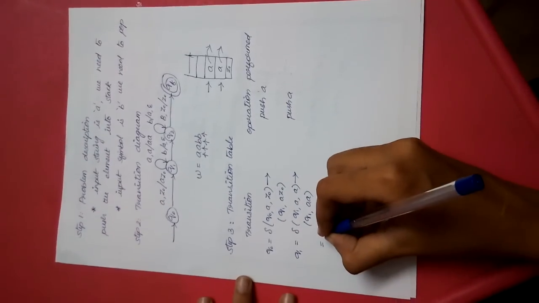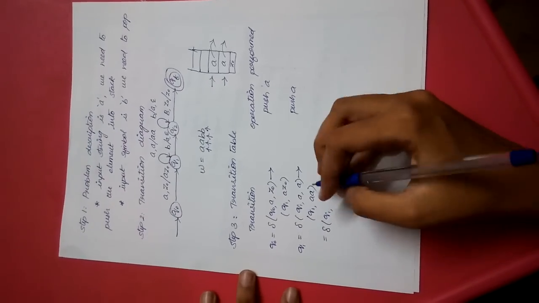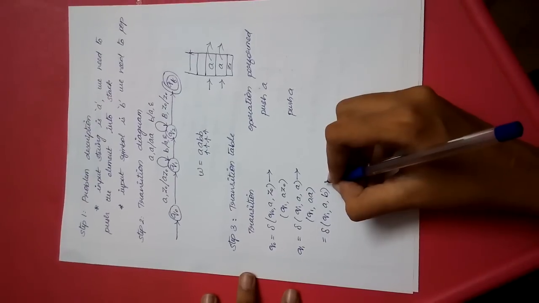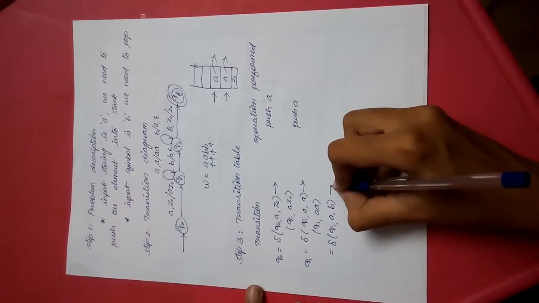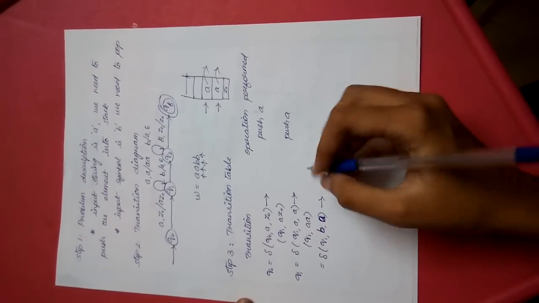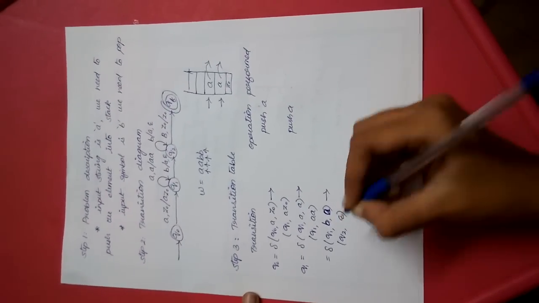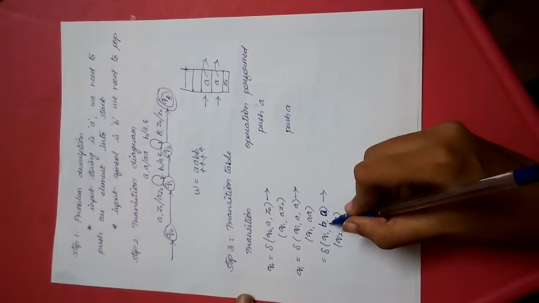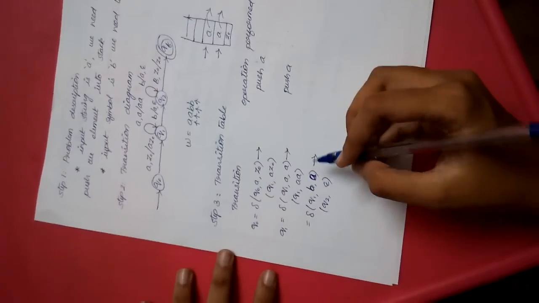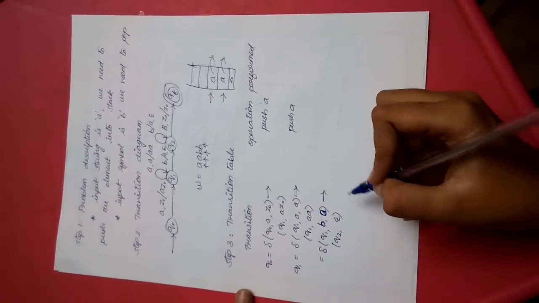We also have another transition for Q1, that is Q1 comma B comma A gives Q2 comma epsilon, which means that the input element is B and the current state is Q1, the top of the stack is A. So whenever we find B, we need to perform the pop operation so that A gets popped.